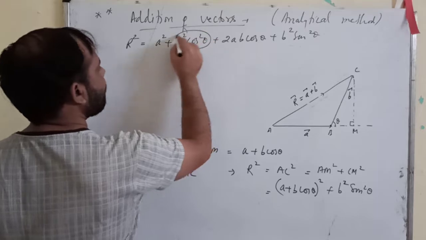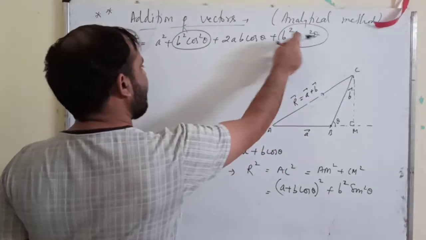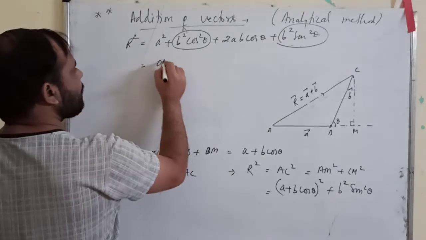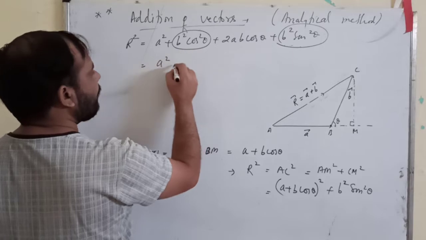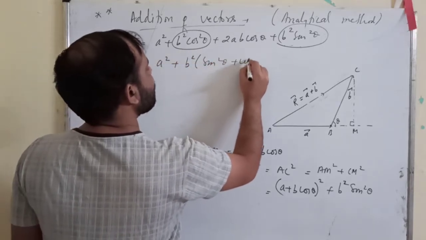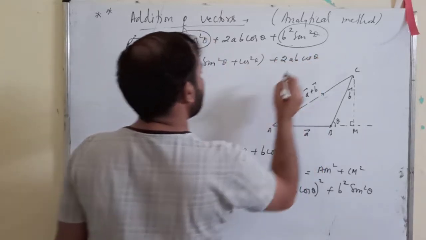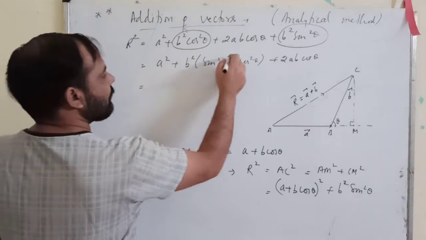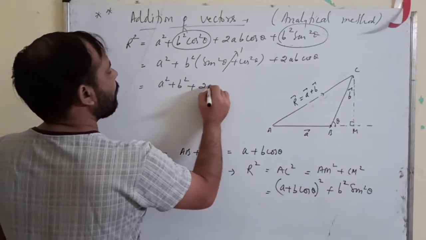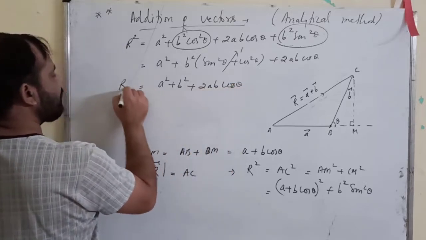If I bring them together and take B square common, inside the bracket I will get sin square theta plus cos square theta, which is equal to 1. So this is A square plus B square plus 2AB cos theta.